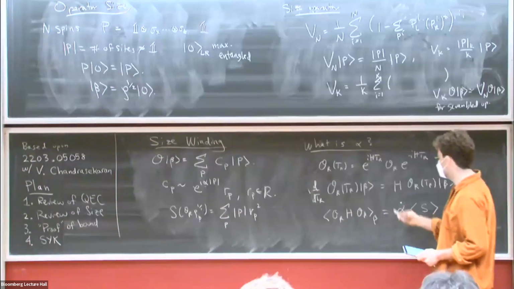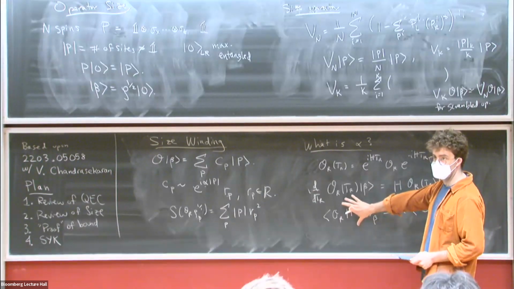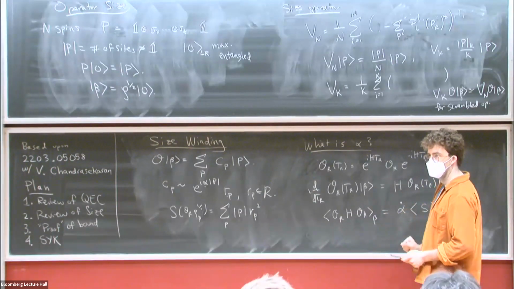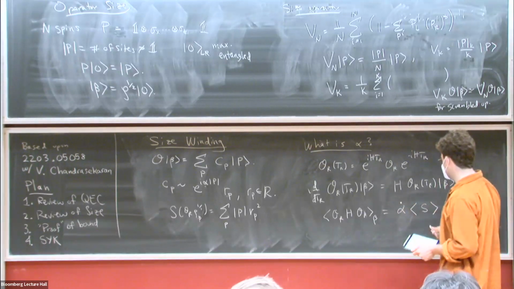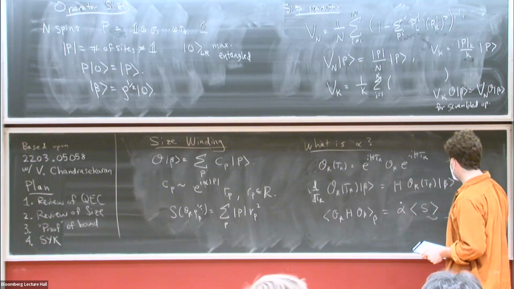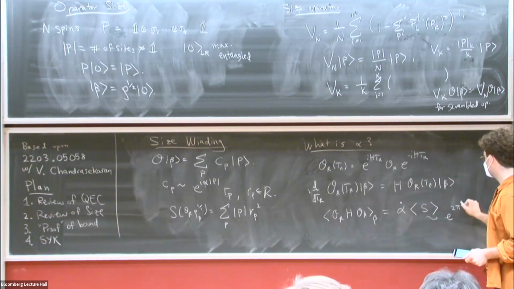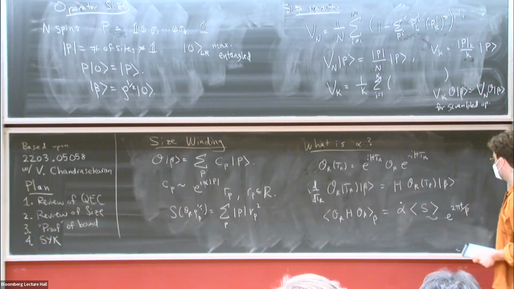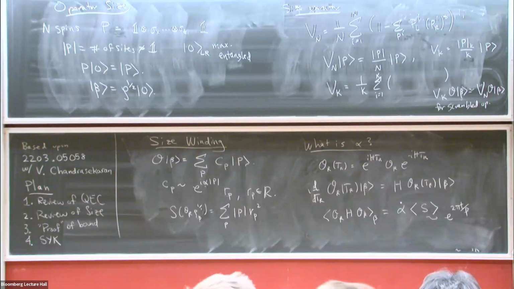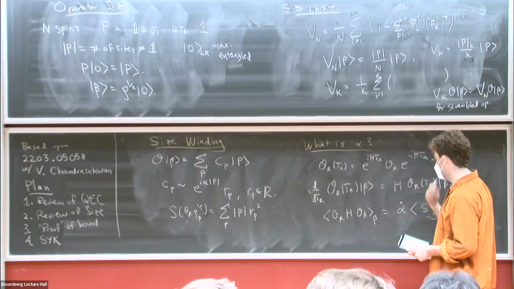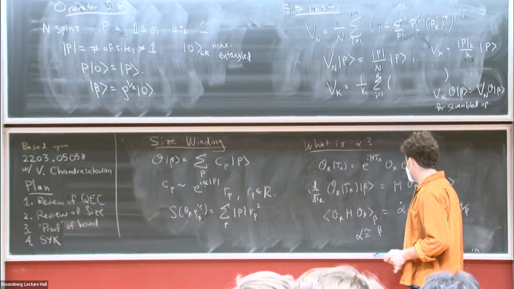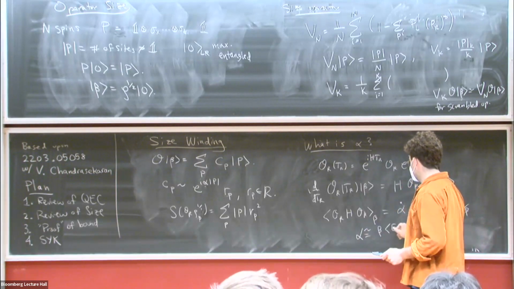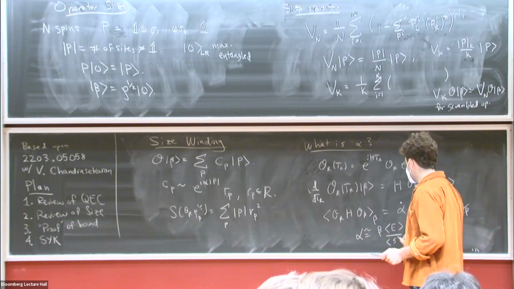So what we find is that alpha is simply related to the energy, which is a constant in time, divided by the size. And you can solve that equation. Often size will be exponentially growing, let's say in a maximally chaotic system, it grows exponentially in time. And so alpha is really just, up to some constant, like beta times the energy of the state divided by the size.